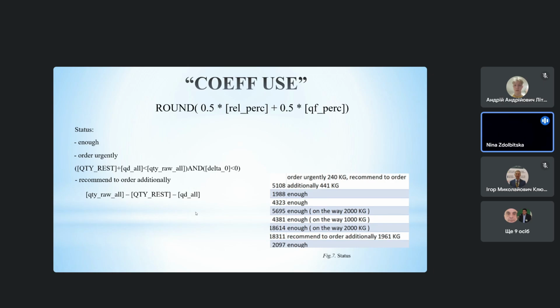The verbal description is provided in the status column. It contains a recommendation, including the recommended quantity needed for ordering raw materials for stock.